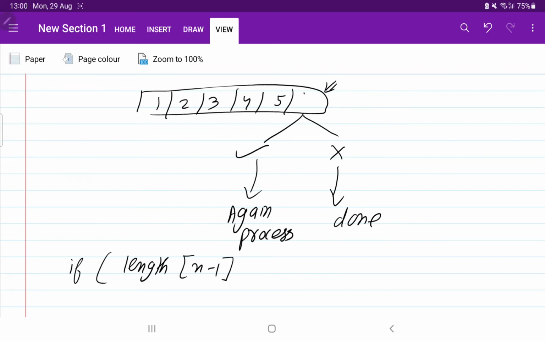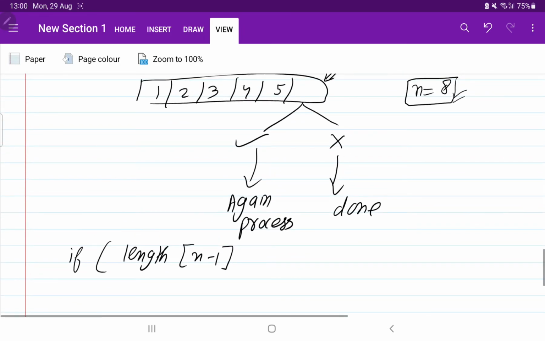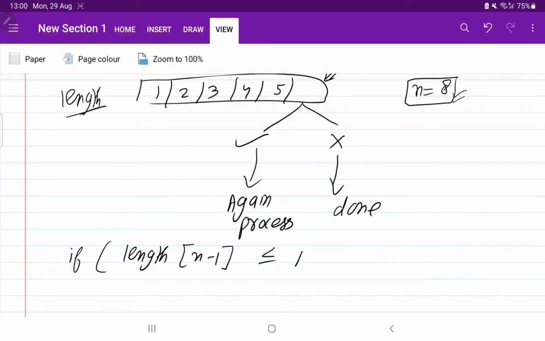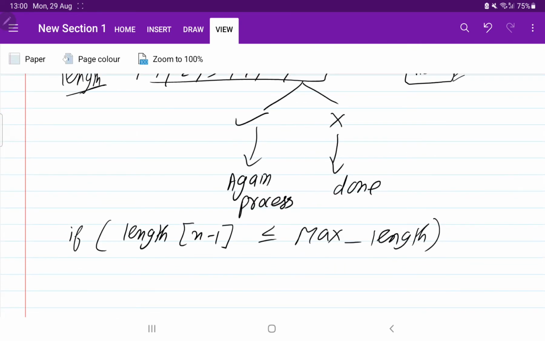Suppose here the length is given as 10 and you want to cut it into only the 8. So are you going to take the length 10? No. If this length array element is greater than the maximum length, okay, maximum length is fixed, so if it is greater, we are going to leave it. But if it is less, then we are going to take the decision, either select it or leave it.